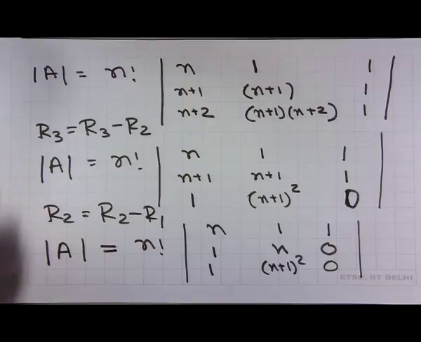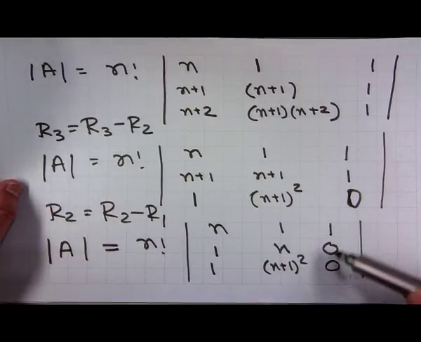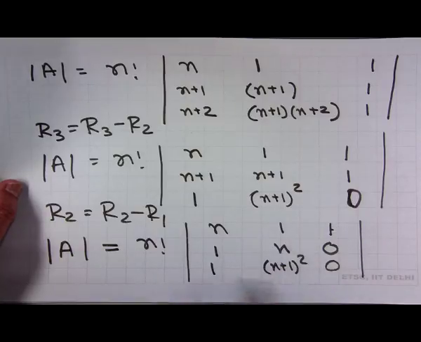Now if we expand along the third column, we have only one 1, the rest are 0.